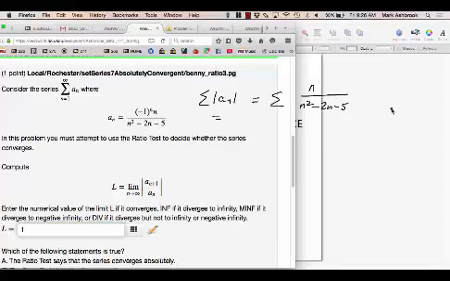So then we reason, is that convergent? Yes or no? No, because, isn't this greater than n over n squared? If I make my denominator smaller, I get something bigger, right?